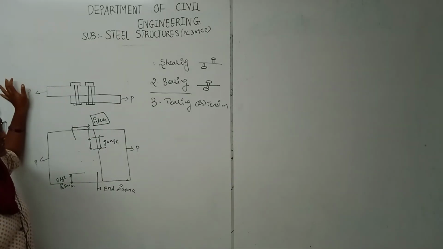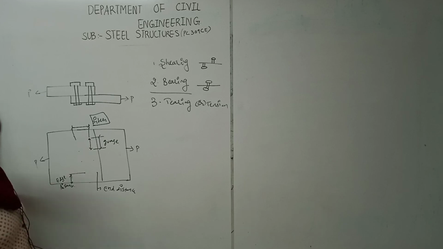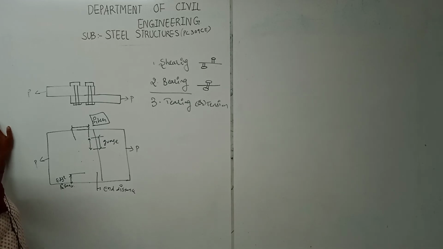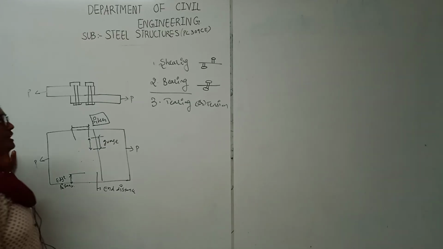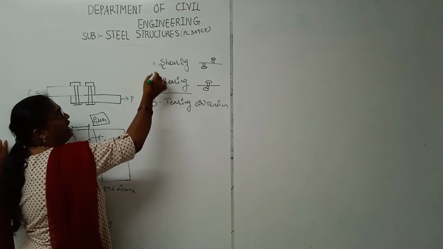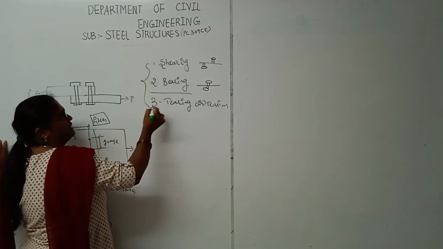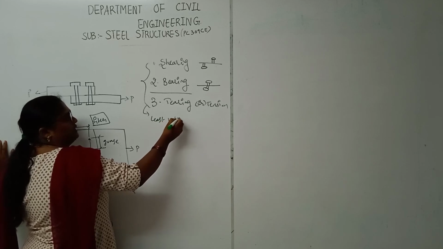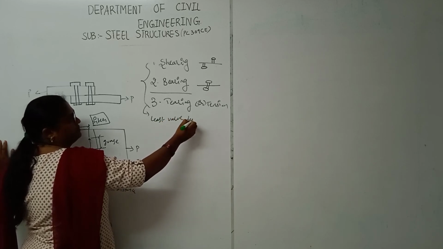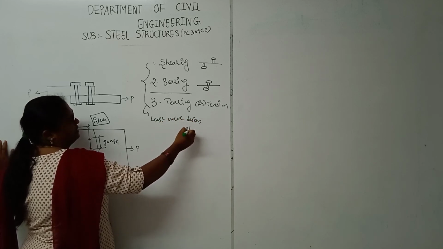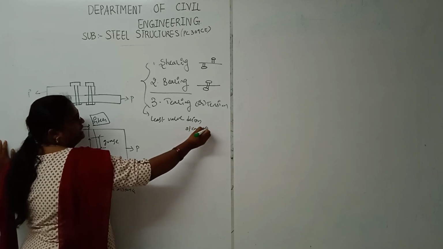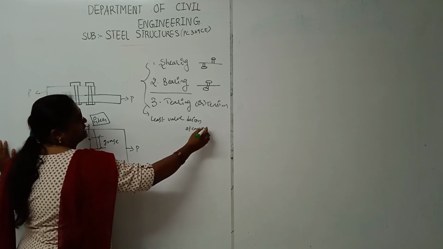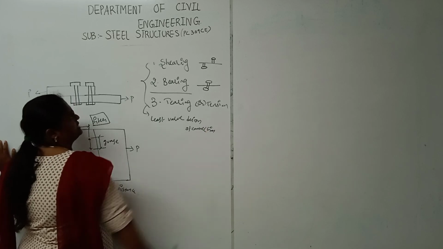According to these three conditions only, we will be designing whichever connection is given, and the efficiency will come from these three only, and of the values from these three, the least value will be considered for designing of the connection, right? This we will discuss very briefly in our next lecture.